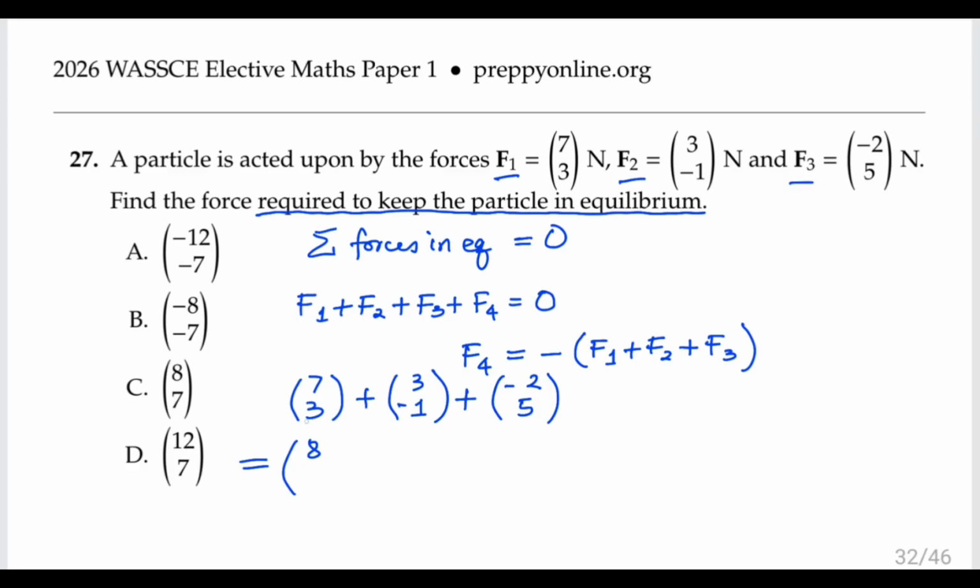On the bottom, you get 8 minus 1, so 7. So if F4 is the negative of this, then F4 is equal to minus 8, minus 7. So the answer is B.